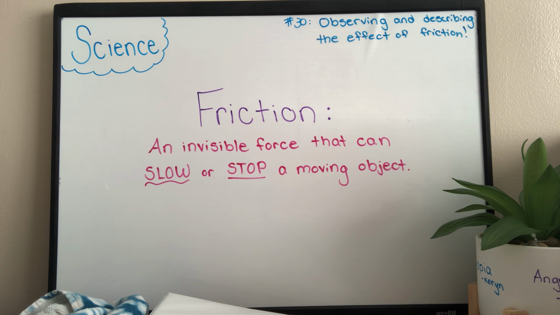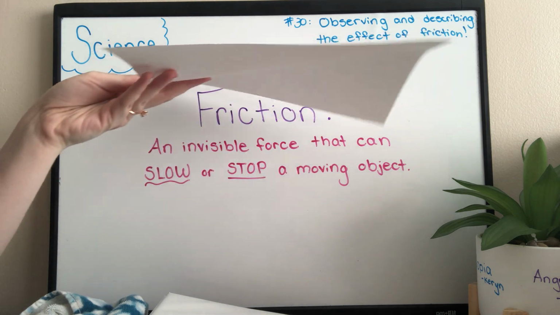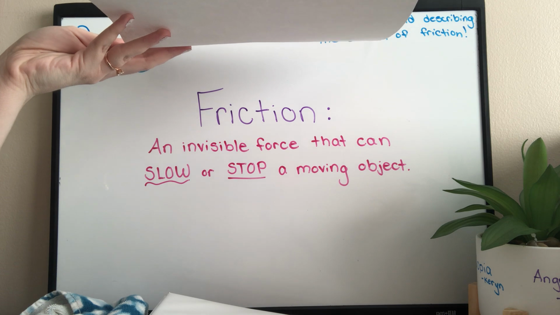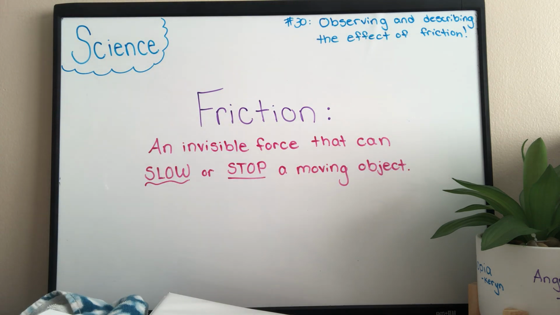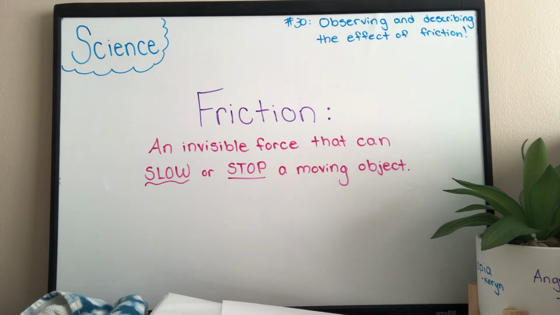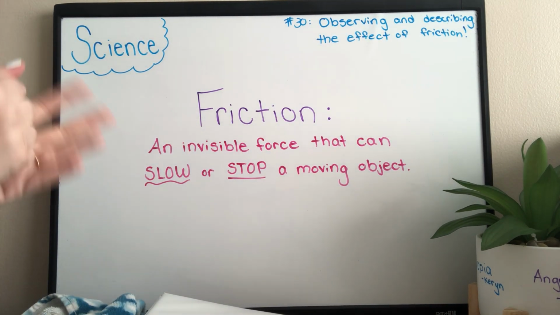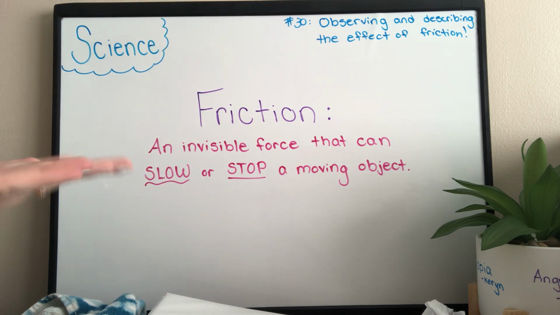So when we drop a flat sheet of paper, just a regular piece of paper, and I'm going to drop it, the air friction will cause the paper to float in the air a little bit and fall a lot more slowly. You see how it falls a lot more slowly than if I took it and crumpled it up and just dropped it. That went by a lot faster than when I had the flat piece of paper. And that's because of air friction that slowed it down.